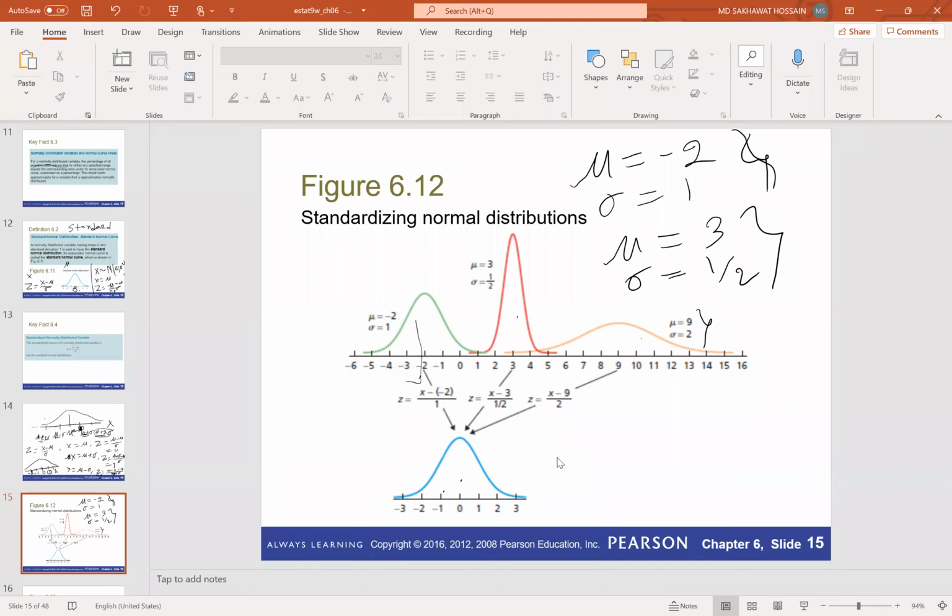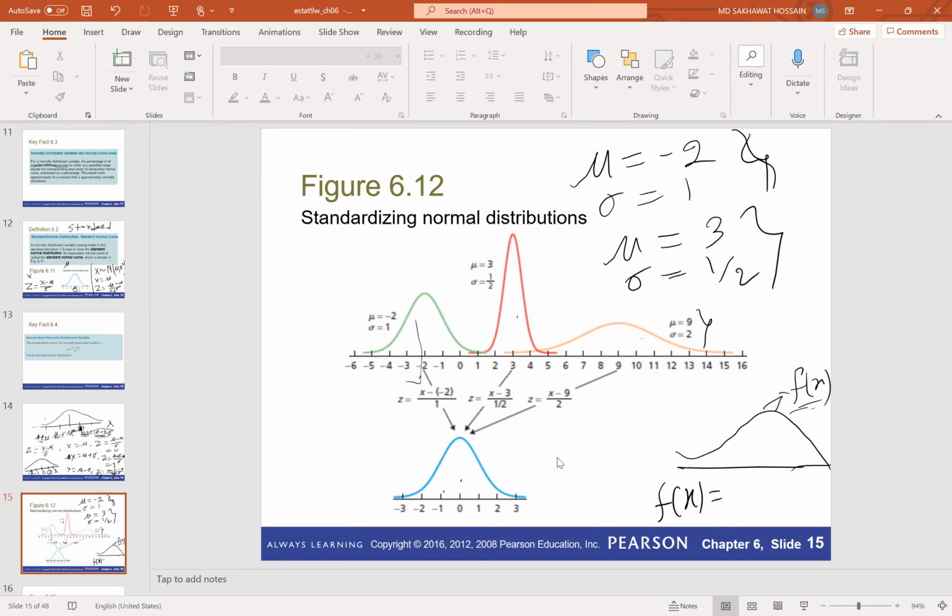Okay, so why is standardizing the normal distribution important? This is important because when you calculate from the normal distribution, this density curve has a function which can be written as f of x. I'm not going to discuss the density function that much, I'm just trying to give you the idea.